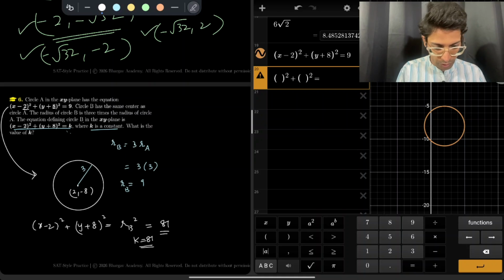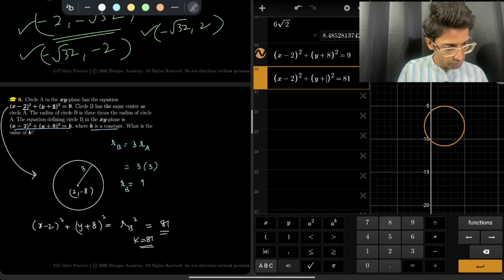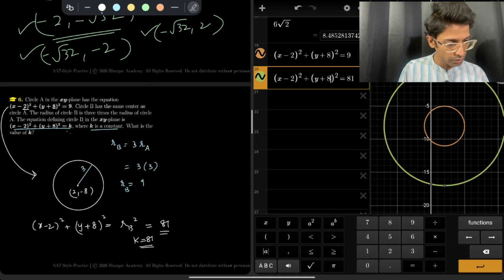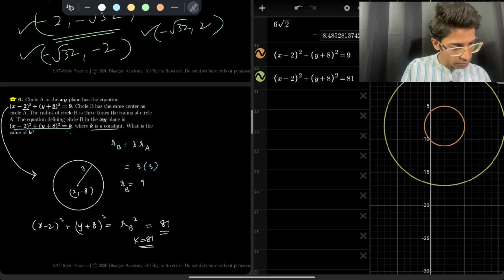Equals, we already found out, so let's write down 81. Let's type down the exact equation, (x minus 2) squared plus (y plus 8) squared. Yes, here we can see the centers are matching. Yeah, the centers are matching and I got it right.